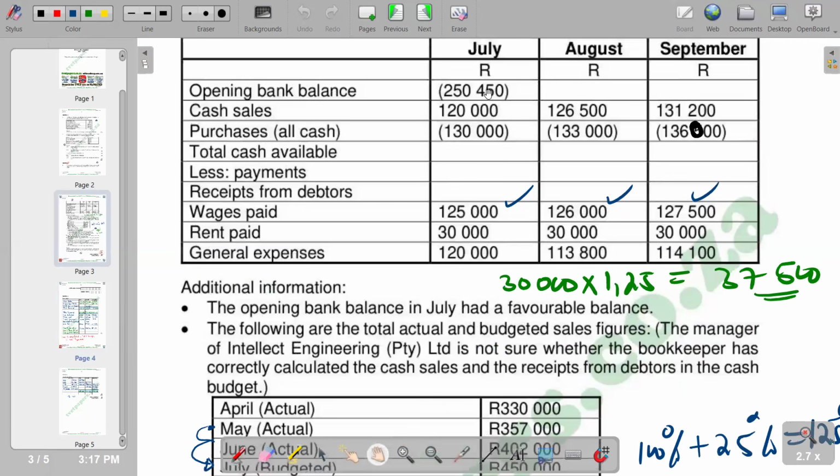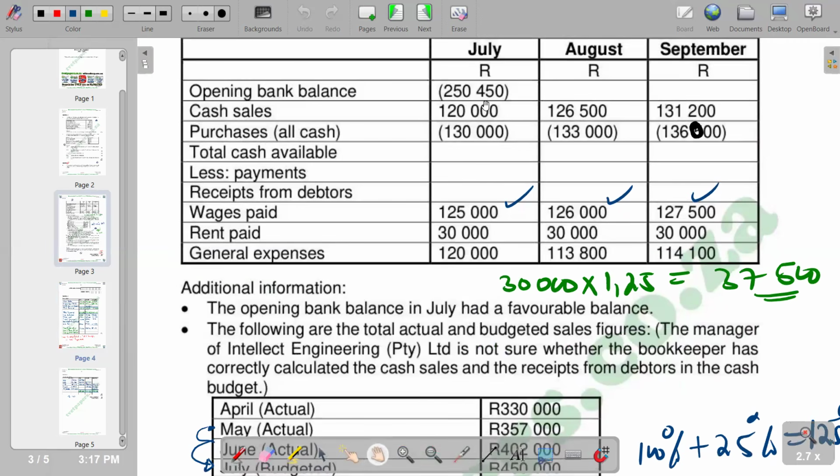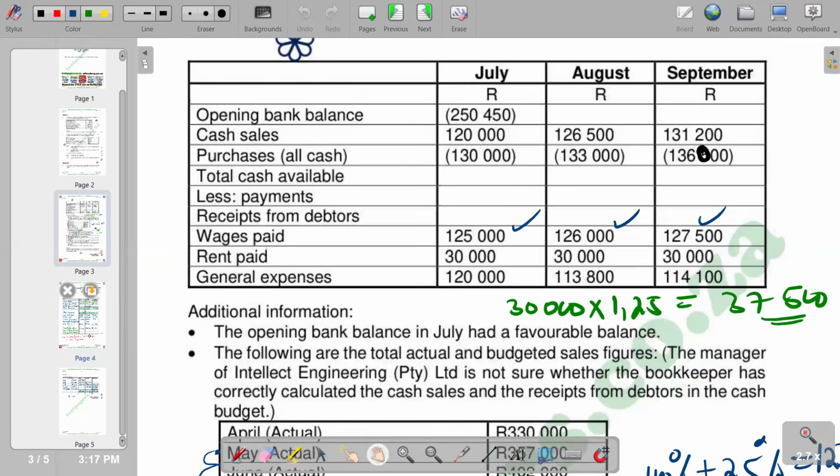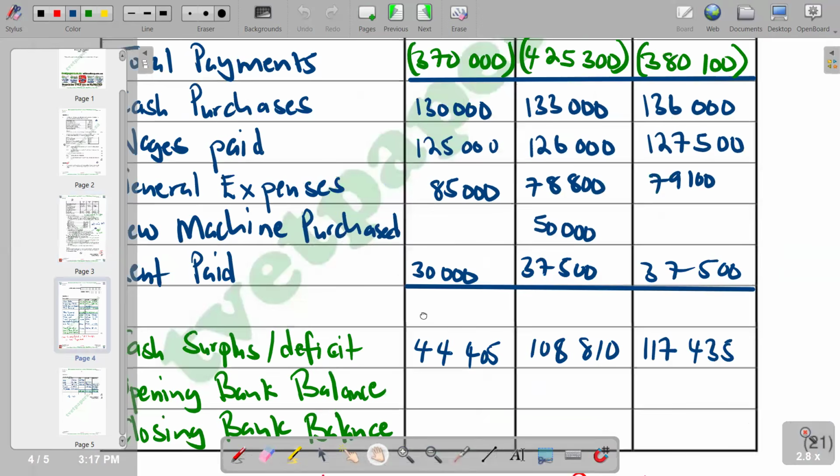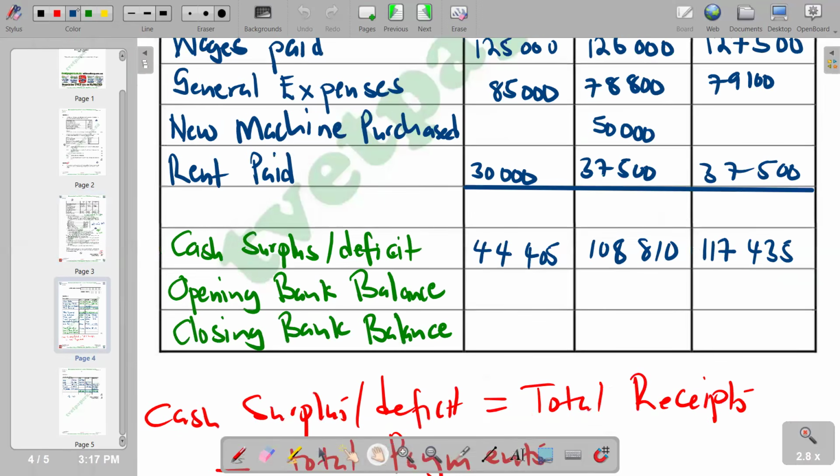So we take 250,450 as the opening balance of July. And then with that, the opening balance, we are supposed to show it as a negative. So we can put it in brackets.